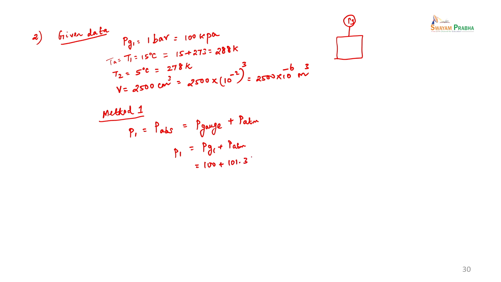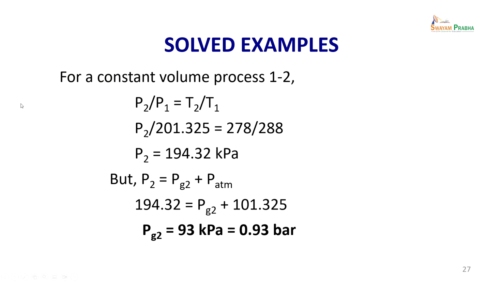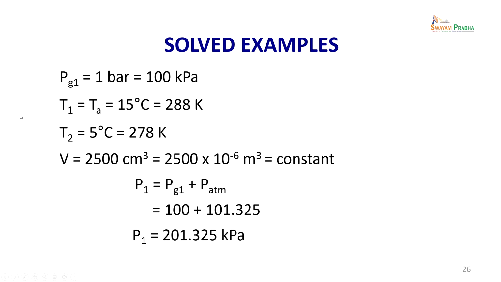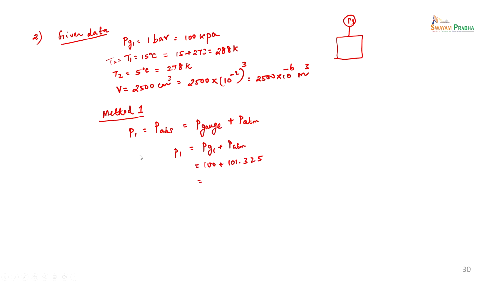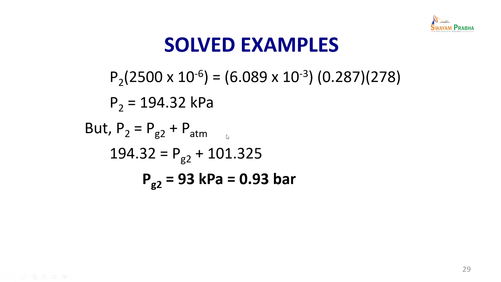This is equal to 100 plus atmospheric pressure, which is 101.325 kilopascal. So, it is 201.325 kilopascal. This is the absolute pressure at point number 1.